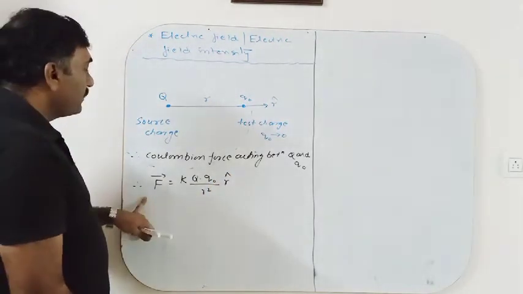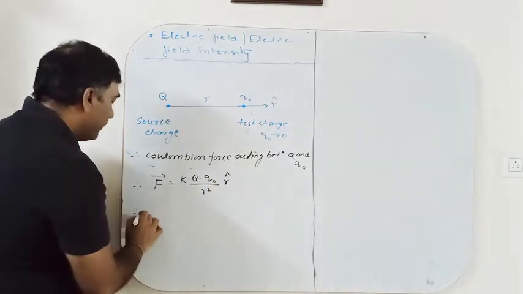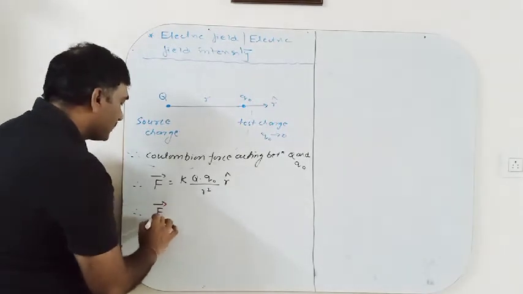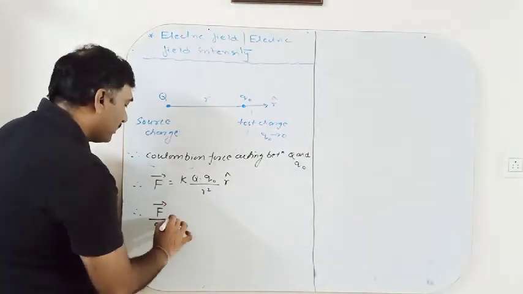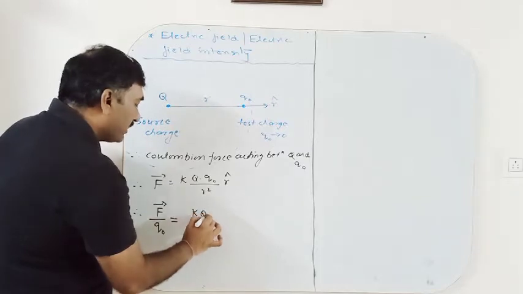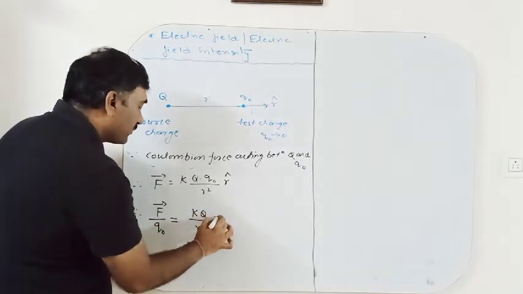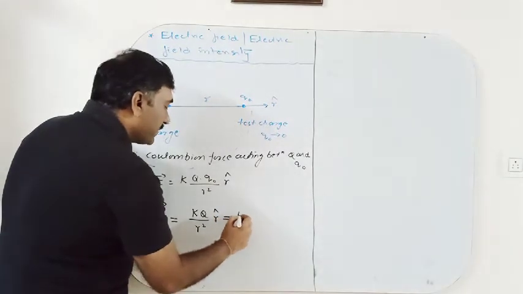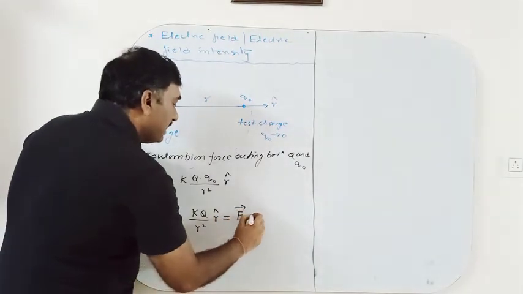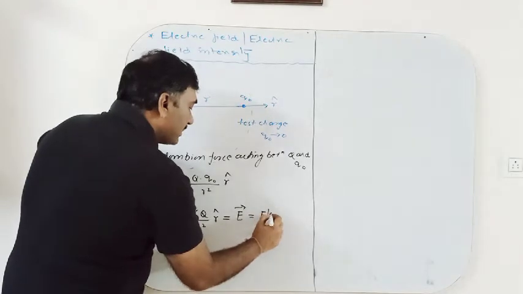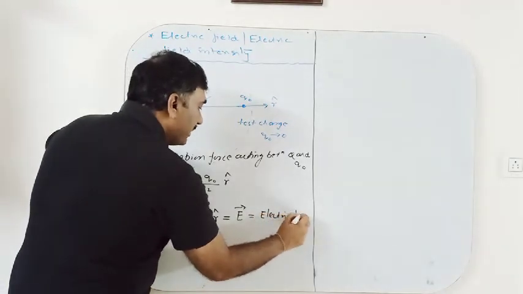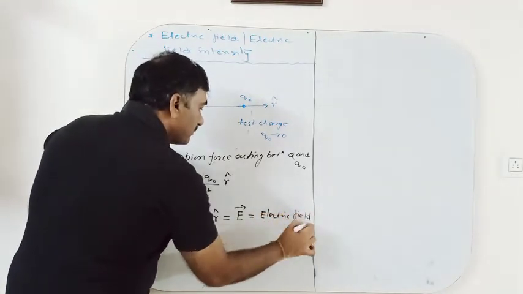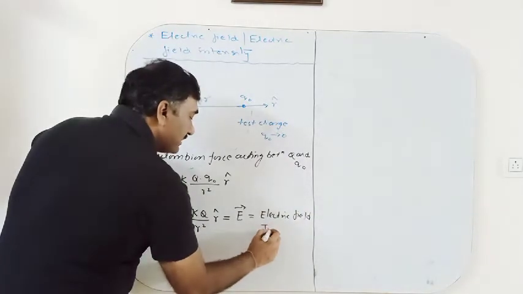Okay, so we know the formula. So when you divide this force by Q naught, we get one physical quantity, KQ upon R square with the direction of R caret, and this quantity is represented by capital E, and it is known as electric field or electric field intensity.